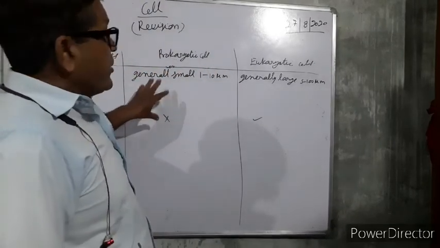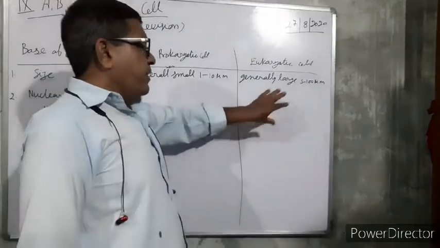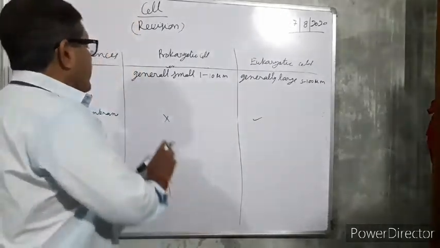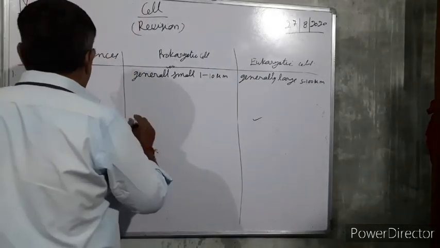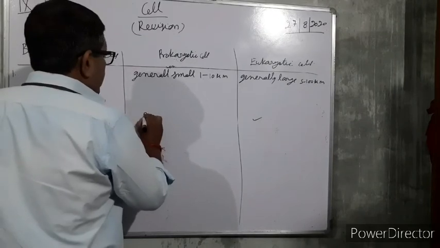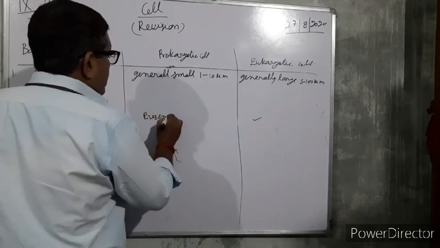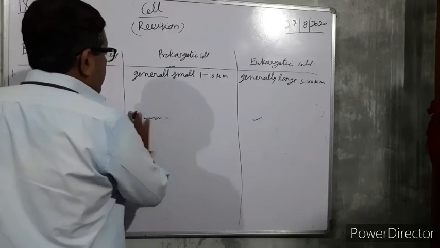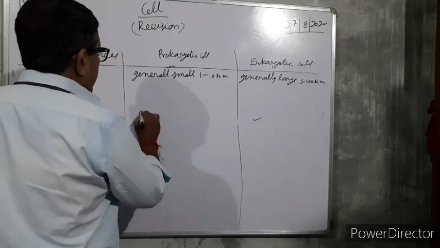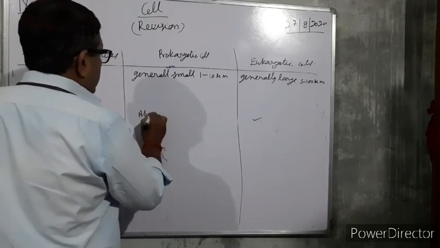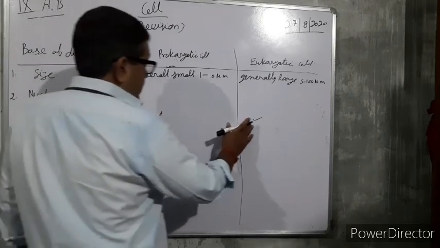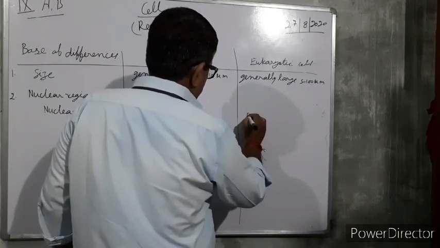In prokaryotic cell there is no nuclear membrane, and in eukaryotic cell the nuclear membrane is present. If you want, you can write the complete sentence. You can write here absent for prokaryotic cell, and here present.